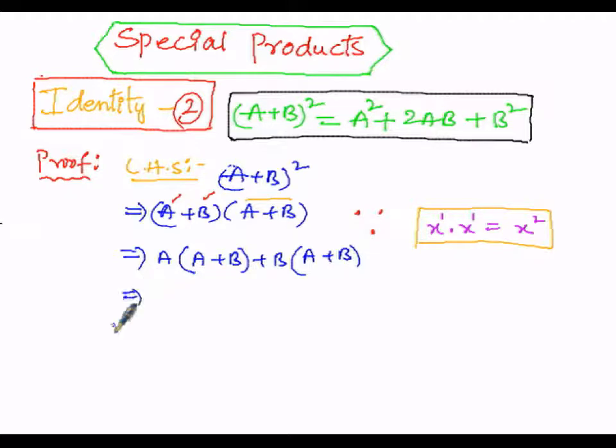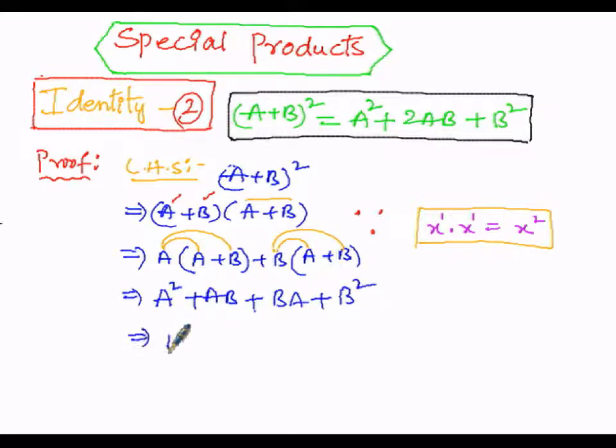Then a with a, a with b, b with a, and b with b must be multiplied. So a into a is a square, plus a into b is ab, plus b into a is ba, or in other words ab. Then plus of plus is plus, b into b is b square.